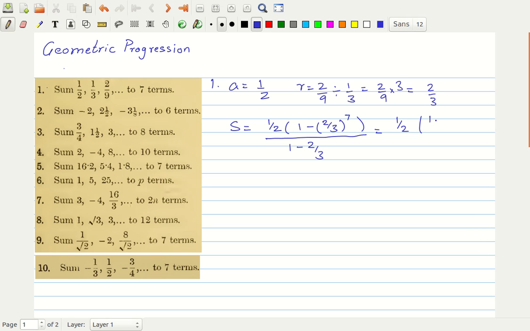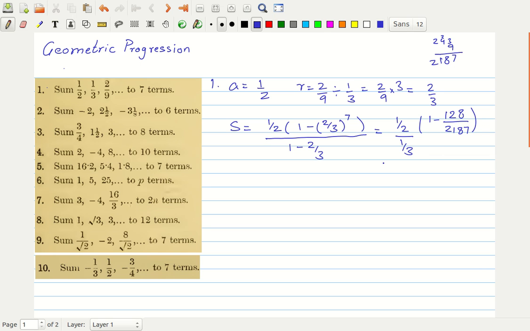So, this is 1 minus 2 to the power 7, which is 128, upon 3 to the power 7. 3 to the power 5 is 243, and 243 times 9 is 2187. And 1 minus 2 by 3 will be 1 by 3.